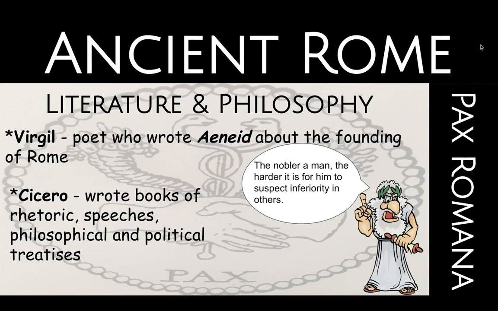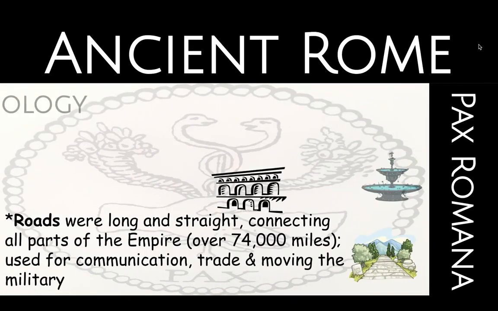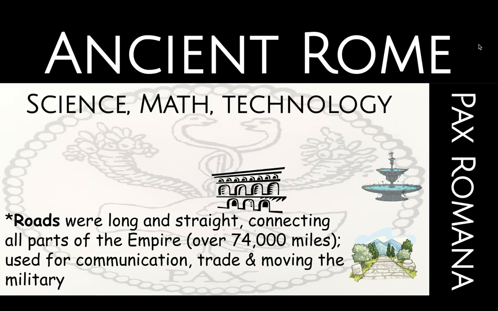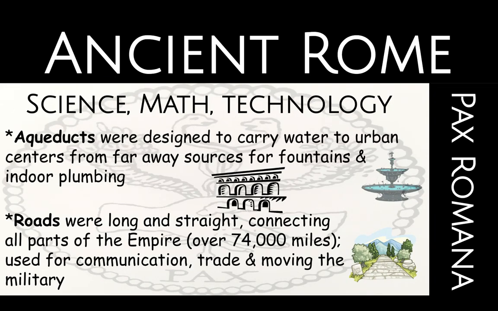Now we're going to move on to page 31. Science, math, and technology. There are two huge famous pieces of technology which involve science and math, actually. The first were the Roman aqueducts. The aqueducts were designed to carry water from the mountains to urban centers, even though they weren't near the mountains.